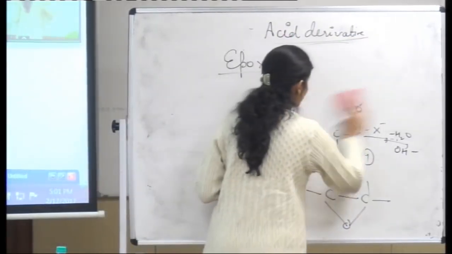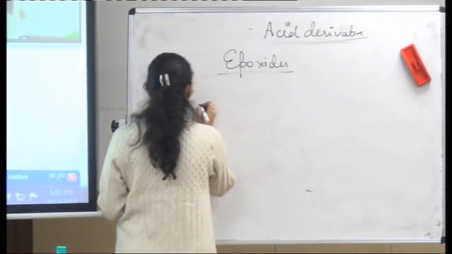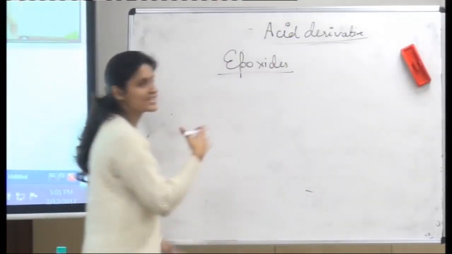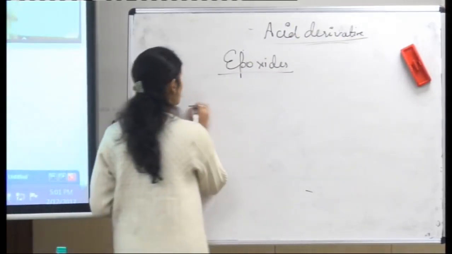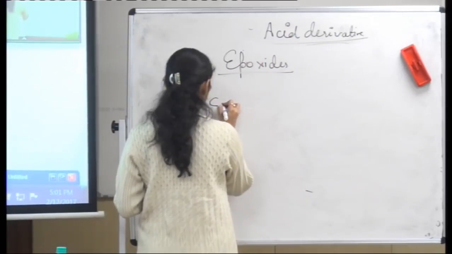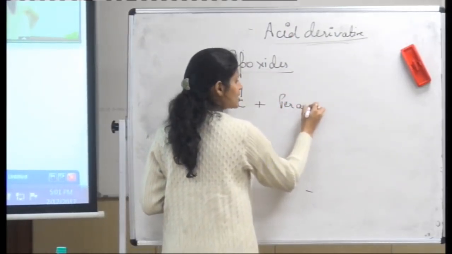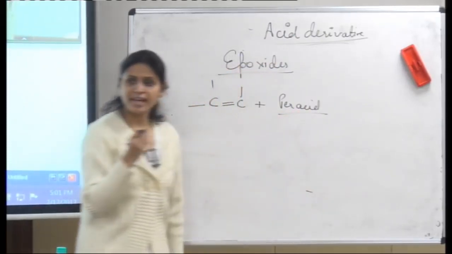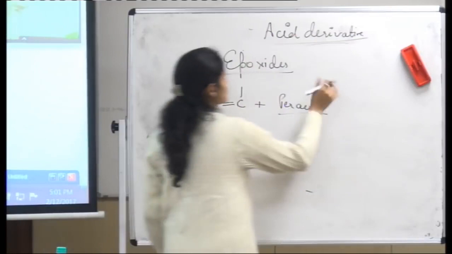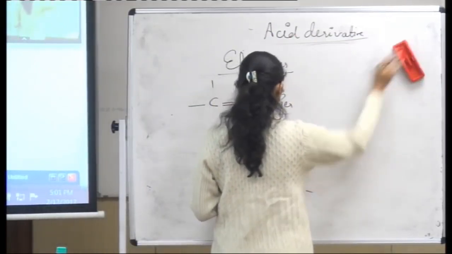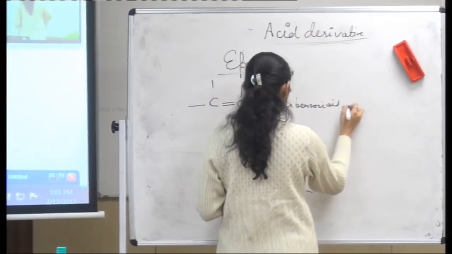There is one more way, using peroxidation. You know what is the use of a peroxy acid? To introduce oxygen in any compound. Suppose I am given this kind of alkene, and if I use any per acid, meaning any acid having one more oxygen atom, right? Suppose I am using perbenzoic acid, what will happen?